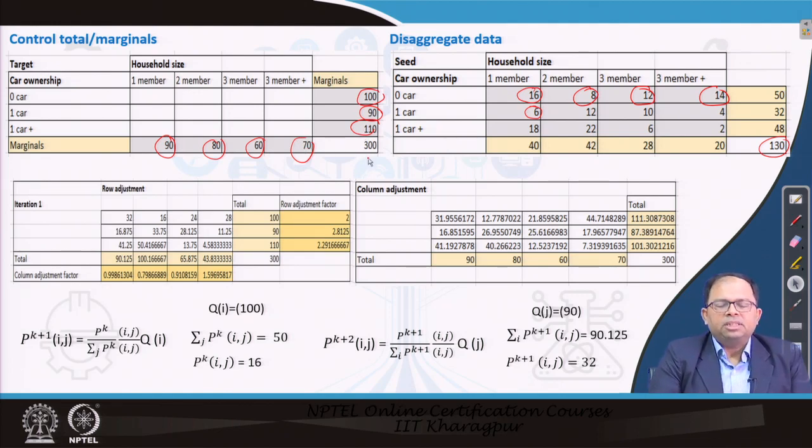The next step is to determine, using this particular formula, that the qi value is 100. This is the qi value, the marginal total that we need to achieve, and when we sum up the pkij values over here, together it is only 50.